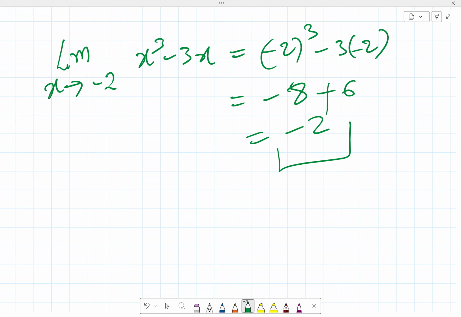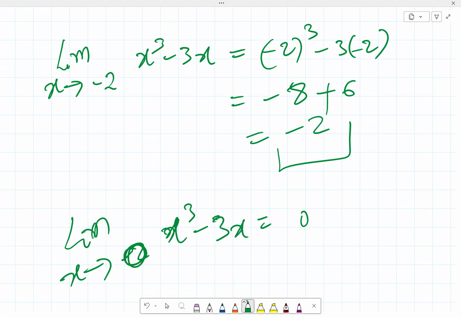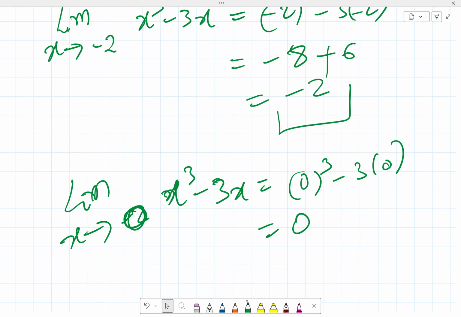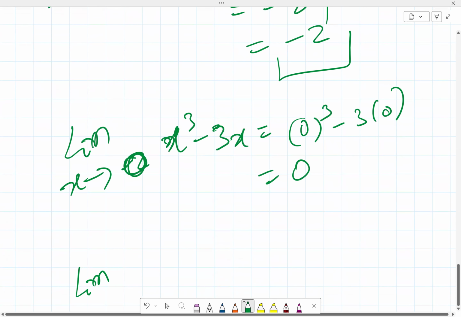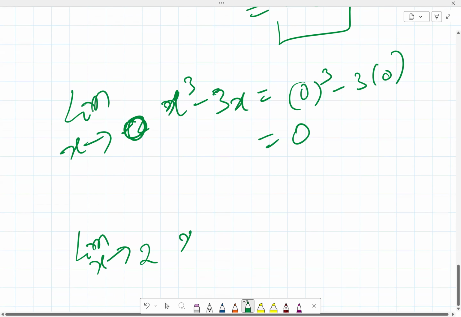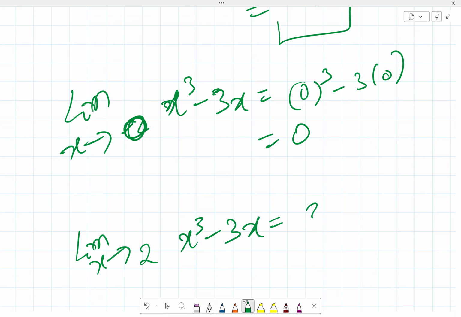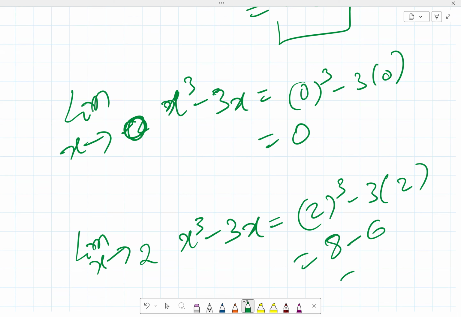Then we also have the limit as x approaches 0 of x cubed minus 3x, and that is simply 0 raised to 3 minus 3 into 0, which is also 0. And then lastly, the limit as x approaches 2 of x cubed minus 3x. That is 2 raised to 3 minus 3 into 2, that is 8 minus 6, which is also 2.